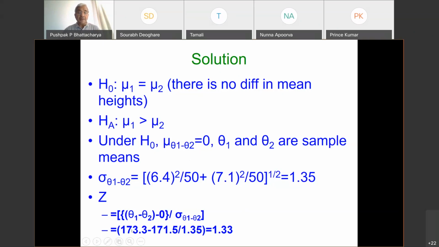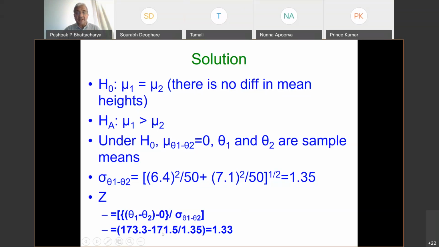So in our case, theta1 is 173.3 and theta2 is 171.5, the sample mean for athletes and the sample mean for non-athletes. This is the sample value of the difference of athlete males and non-athlete males.